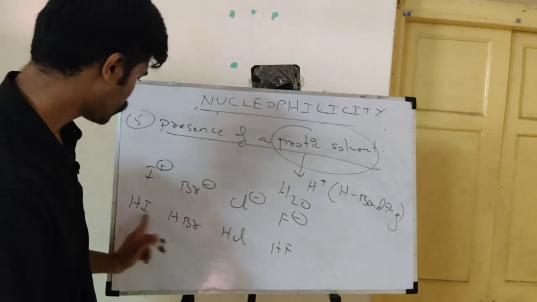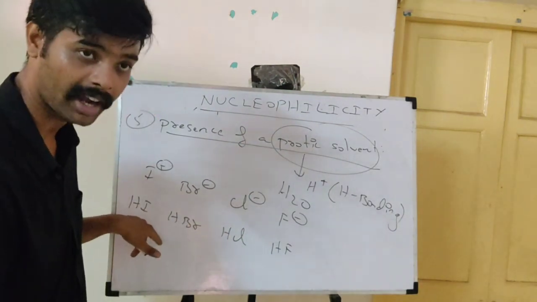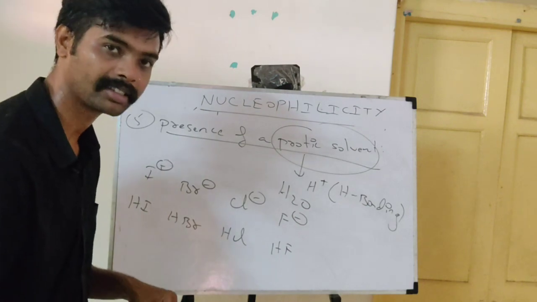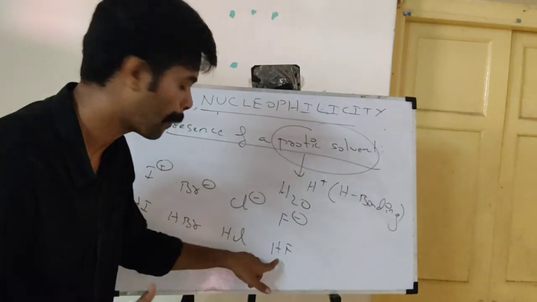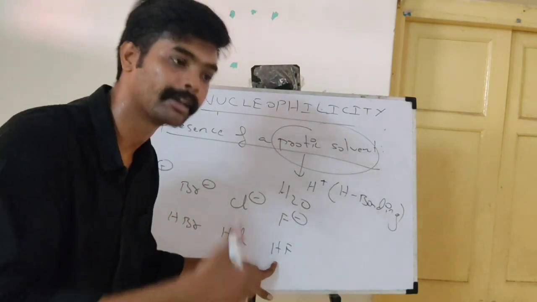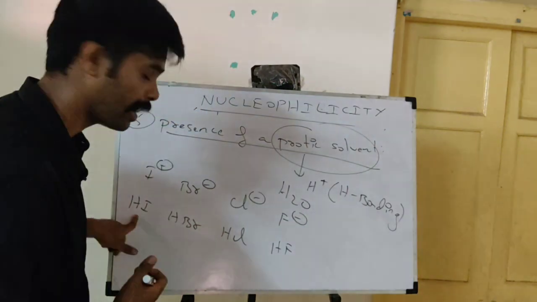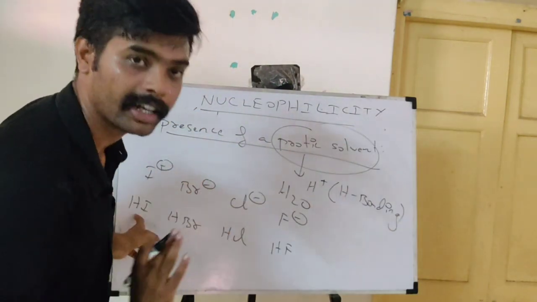Cool. Okay. So out of all this, definitely I know HI is the strongest acid. Now again, the reason is that I will be able to break the H-I bond very easily compared to the H-F bond. The H-F bond is very, very strong, so breaking it and removing H plus is very difficult, whereas in the case of HI it's very easy because the bond is very, very weak, so H plus can come out easily.